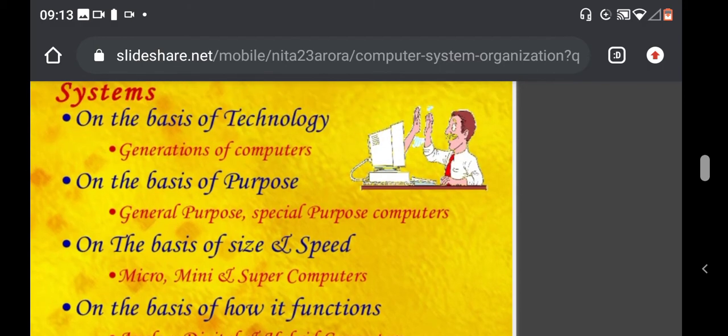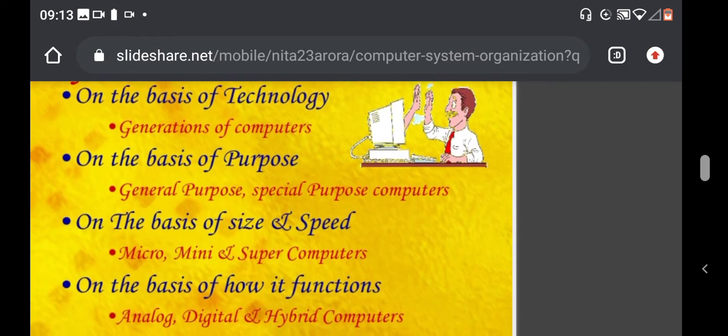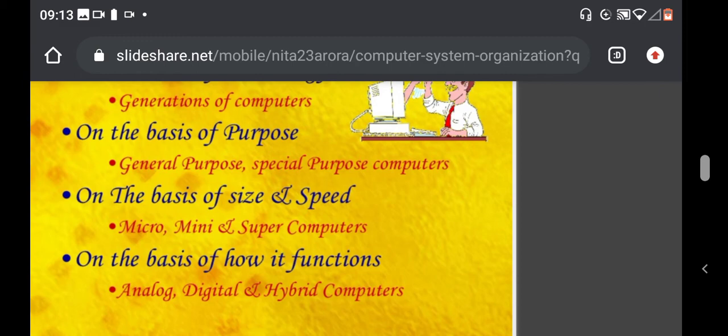So for the basis of technology, we have the generations of computers that were built in different ages or even different years. For the purpose, we have general purpose and special purpose computers. On the basis of size and speed, we have micro, mini, and supercomputers. On the basis of how it functions, we have the analog, the digital, and the hybrid computers.